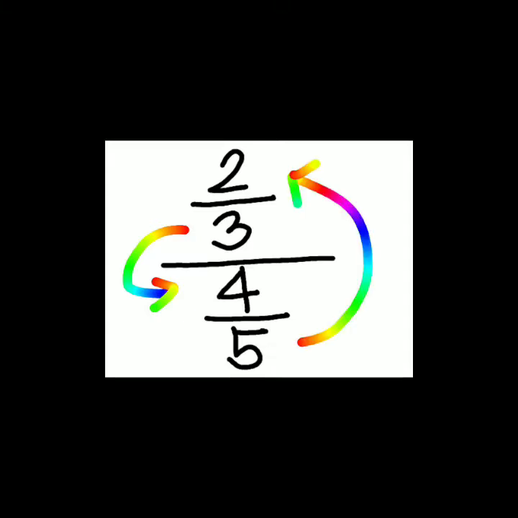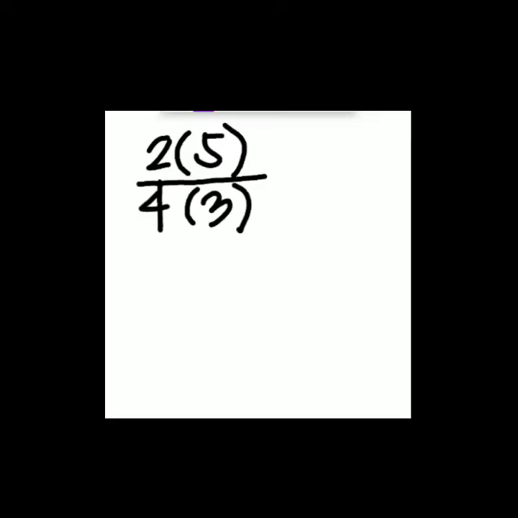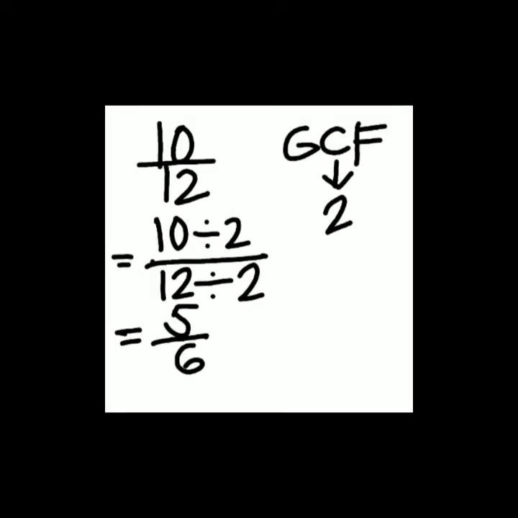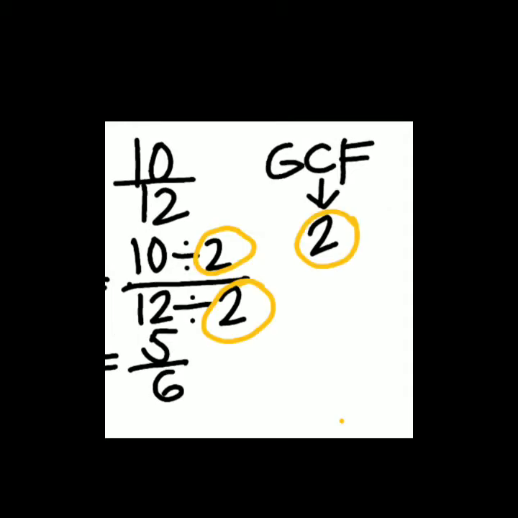Thus, the complex fraction is now simplified to 2 times 5 over 4 times 3. The fraction will now be equal to 10 over 12, that can further be simplified to 5 over 6 after dividing both 10 and 12 by the greatest common factor 2. Greatest common factor, or GCF, will be discussed later in the succeeding topics.